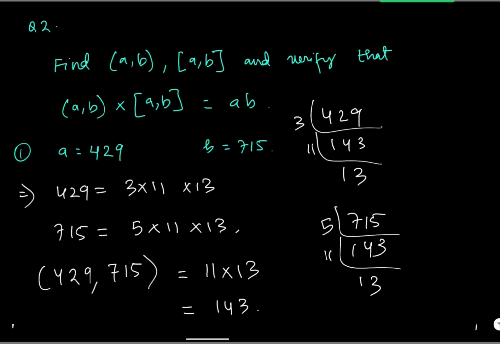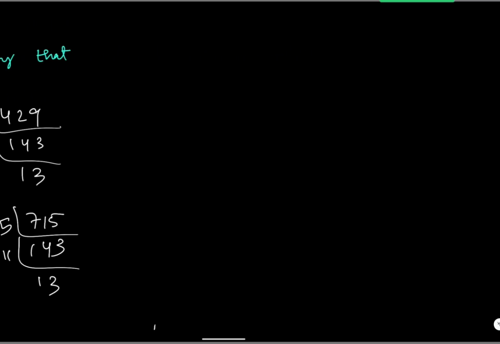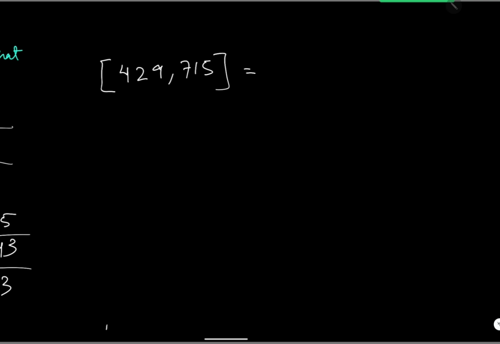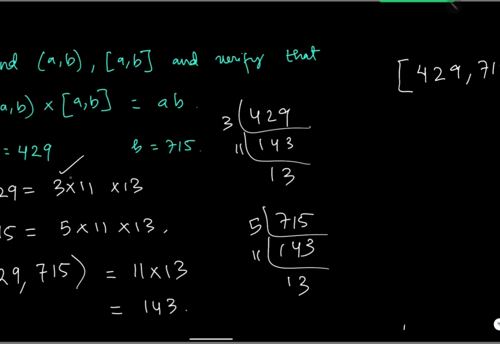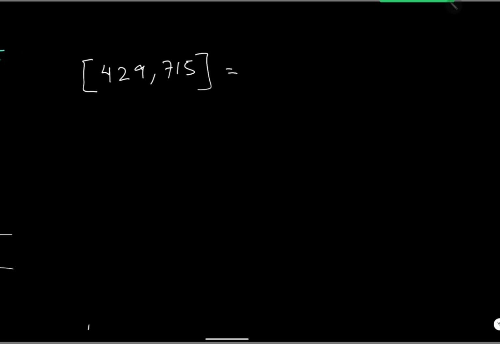Now let us find the LCM. We will be using the third bracket, 429 into 715, and we'll be using all the prime numbers that appear in both canonical decompositions. That means we will use 3, 5, 11, and 13.